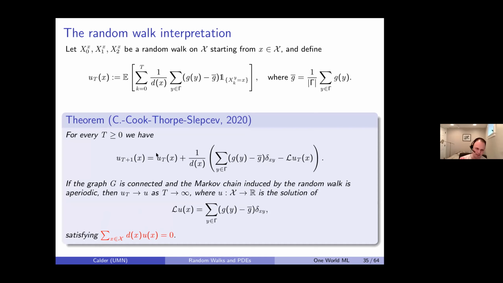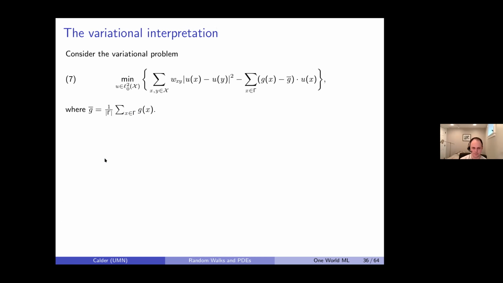It's a heat equation on a graph where I have the source term from the delta functions and the graph Laplacian here. And actually, this is the first way that we solved the equation, to just iterate this until convergence. Of course, there's a variational interpretation for this as well. It's one of those soft-constrained problems I showed on one of the first slides, but it's a very specific loss function. It's a linear function of u, and it's just the inner product of u with the centered labels here.